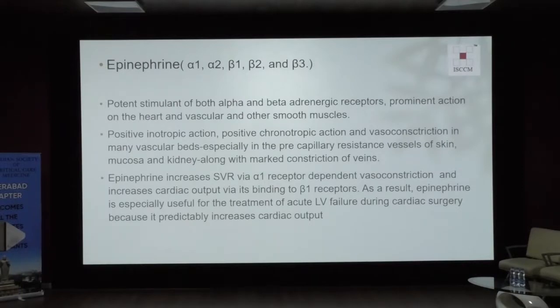It has a positive inotropic action, a positive chronotropic action which increases rate, and vasoconstriction in many vascular beds, especially in the precapillary resistance vessels of skin, mucosa and kidney, along with marked constriction of the veins.